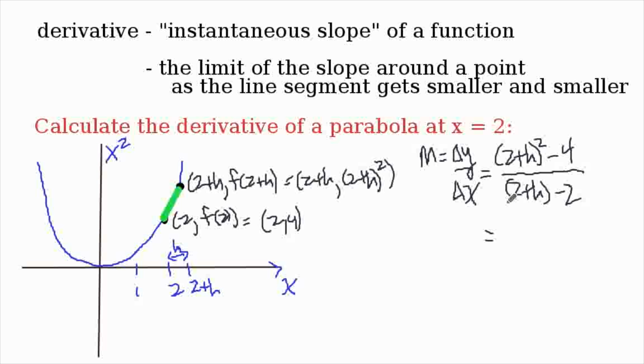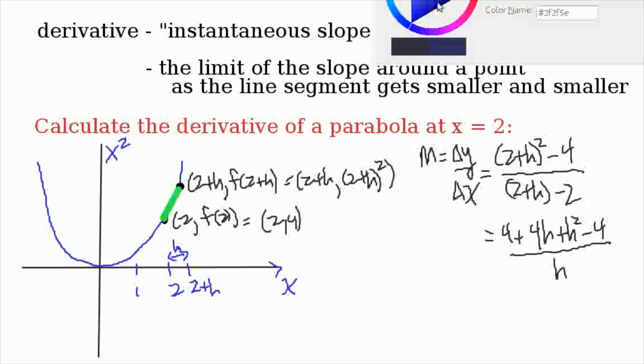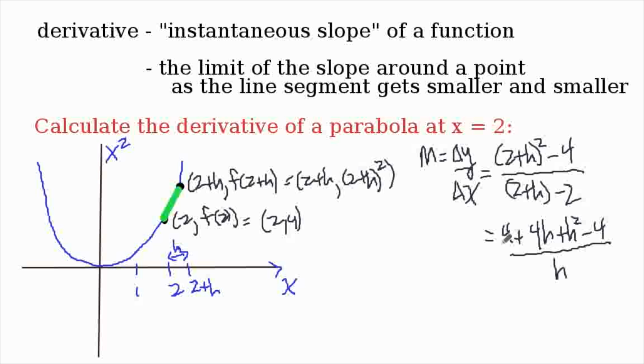So let me expand out the 2 plus h squared on top. So that's 4 plus 4h plus h squared minus 4. The bottom simplifies to just h. And not only does the 2 and minus 2 cancel on the bottom, but on top the 4 and the minus 4 cancel. I can also divide out some h's, so I get 4 plus h. Okay, so that's the slope as a function of h.